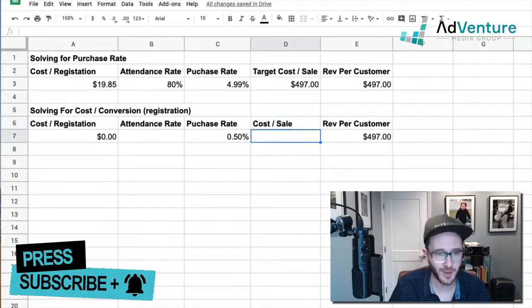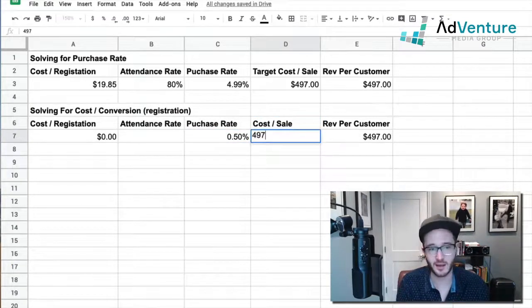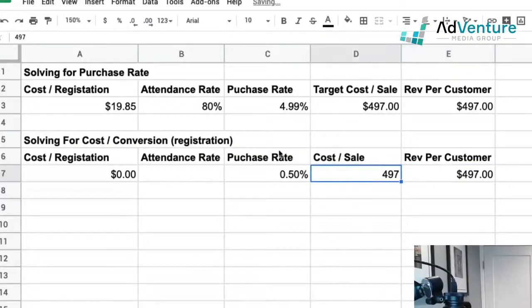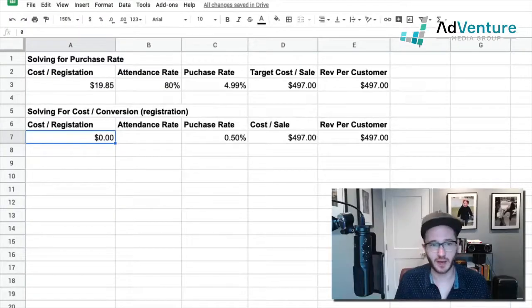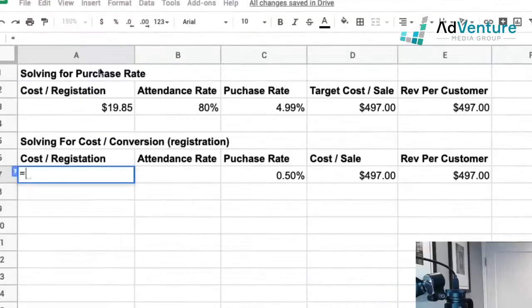So again, I put in my cost per sale. My target cost per sale again is break even because I'm trying to figure out break even, and I can formulate that into dollar value. It doesn't really matter. So how do you solve for cost per registration? It's very simple. Instead of dividing the numbers by the percentage, we're going to be multiplying in this case because we're trying to get the target cost. So you do equals, we're going to put in our cost per sale multiplied by our purchase rate.